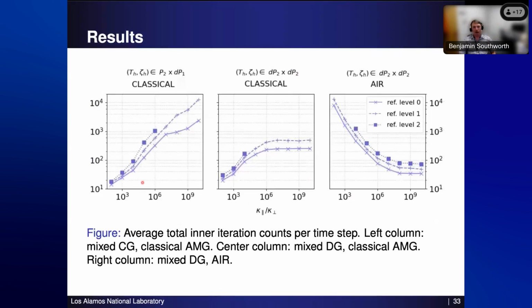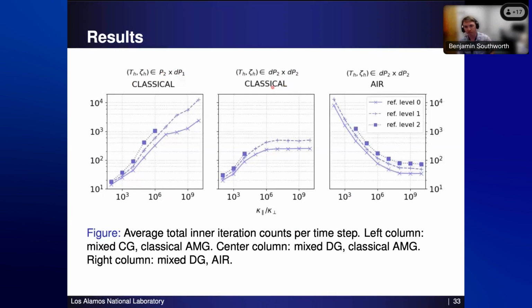Okay, and so here's the total inner AMG iterations comparing classical AMG applied to the mixed CG2/DG1 discretization, a classical DG2 mixed discretization, second order primal discretization. No, this is mixed, yeah.